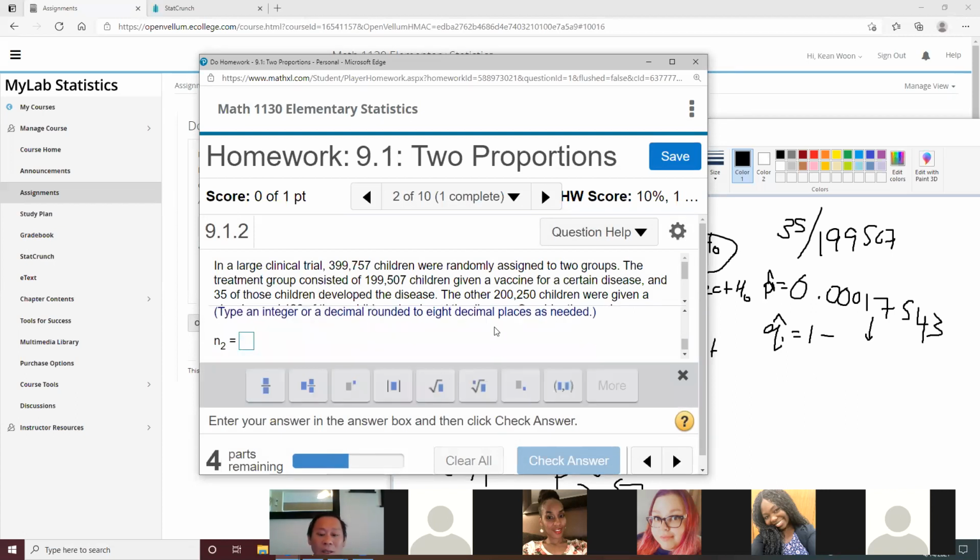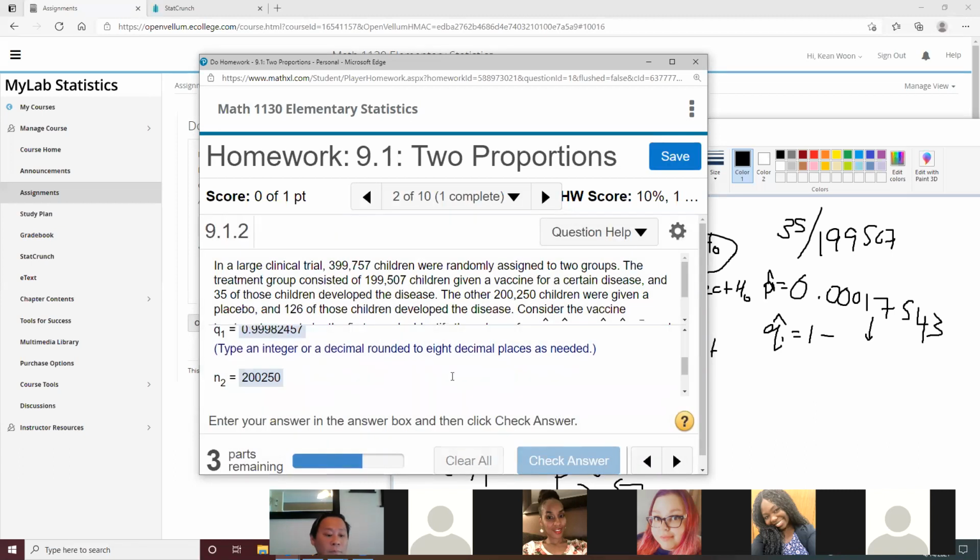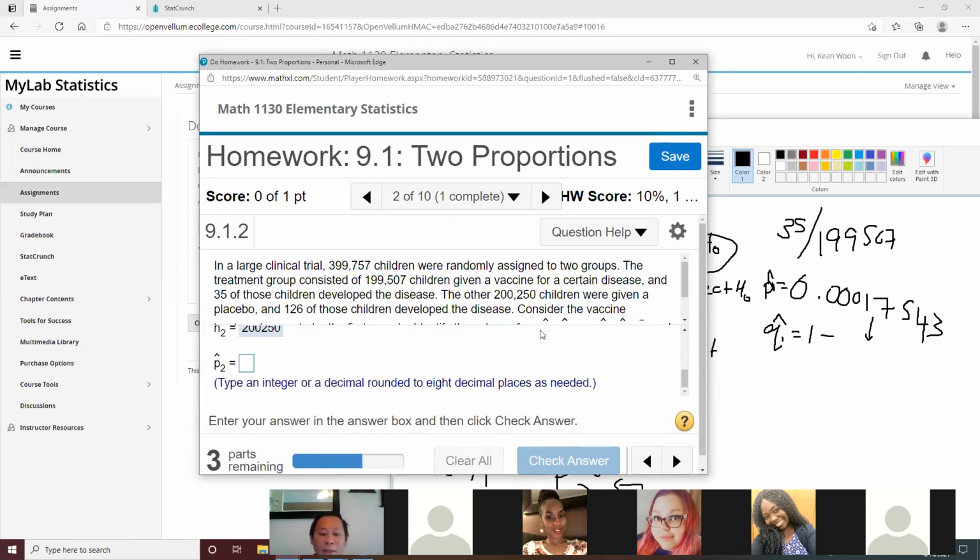Okay. And you do the same thing for the second group. So the second group is 250. And then same thing, you divide this 126 by this icky number, 200,250. Oh my God.